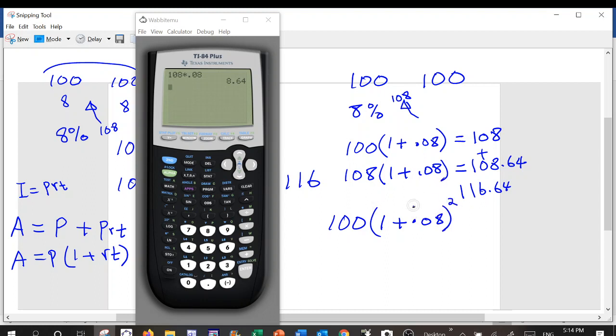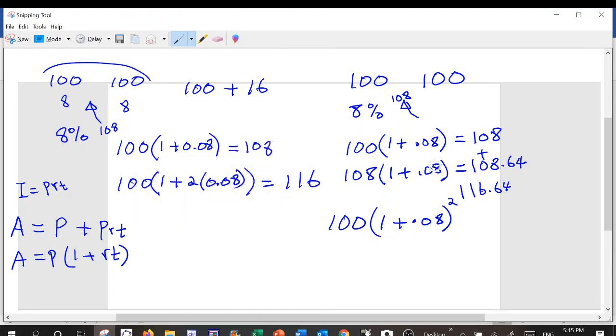You just multiply it again. Now this becomes an exponential function. The earlier one is linear, but this one becomes exponential because the number of years is the variable in the exponent position.